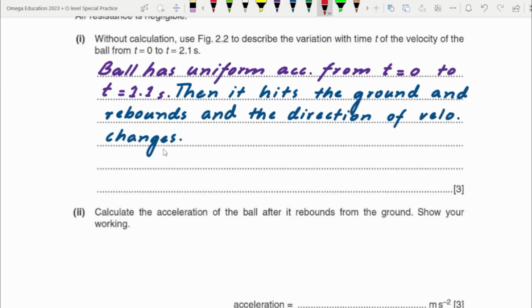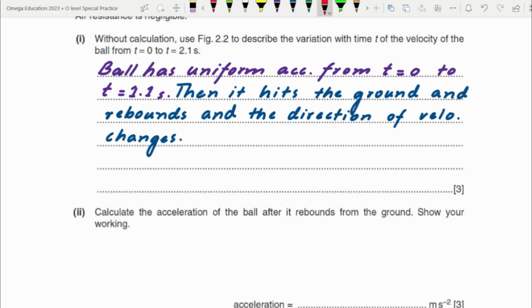The ball hits the ground and rebounds, and the direction of the velocity changes. And if you want to add, it rebounds at 1.2 seconds. And as it rebounds, it once again decelerates, because after rebound it'd be moving upward.